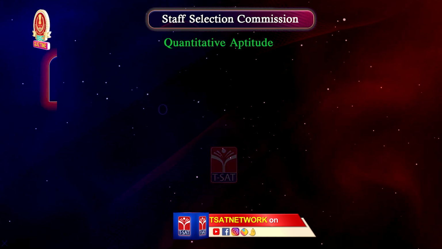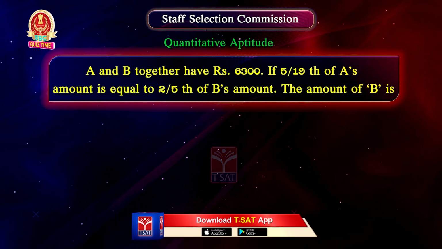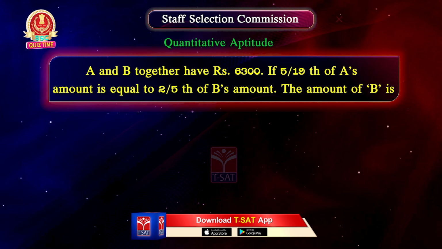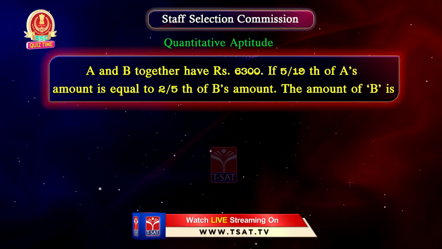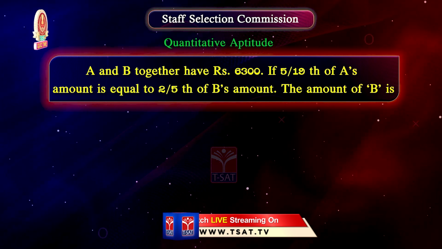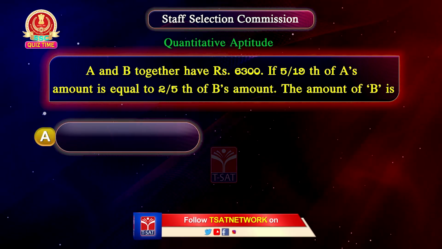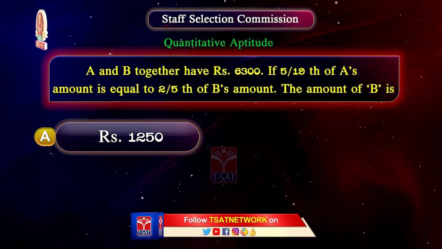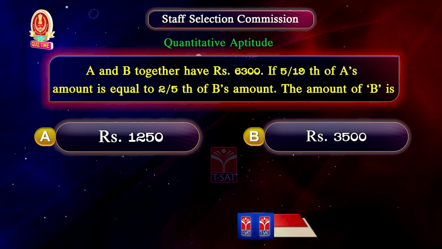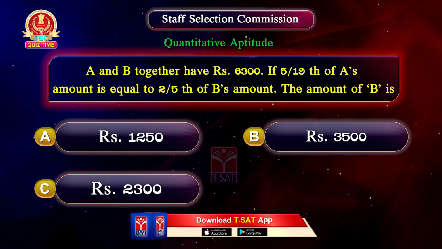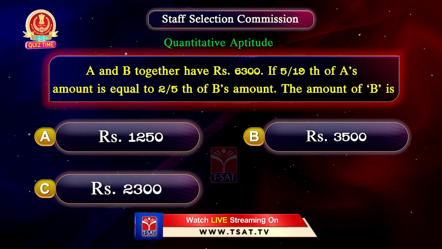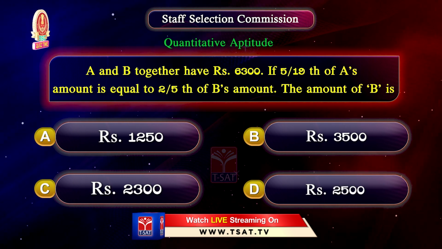Next question. A and B together have 6,300 rupees. If 5 by 19th of A's amount is equal to 2 by 5th of B's amount, the amount of B is: option A, 1,250 rupees; option B, 3,500 rupees; option C, 2,300 rupees; option D, 2,500 rupees.